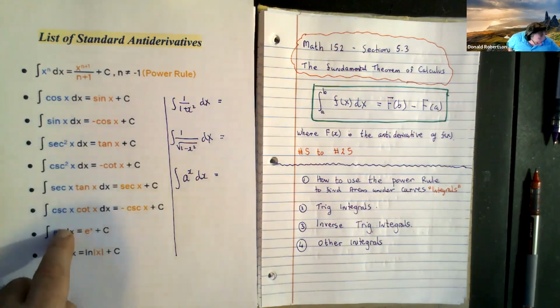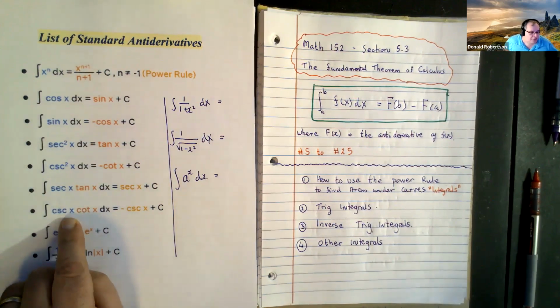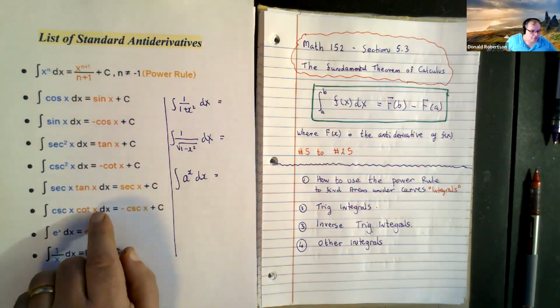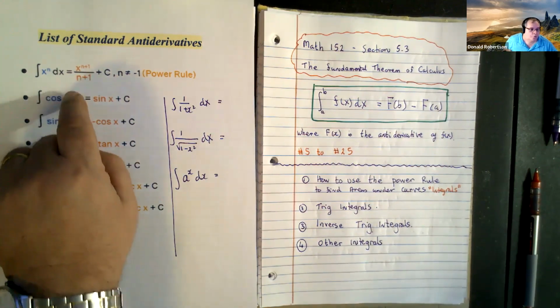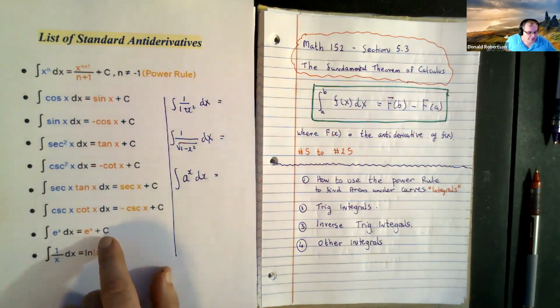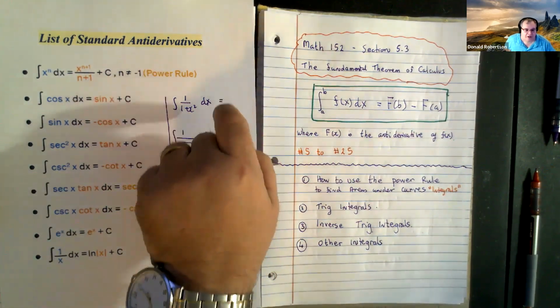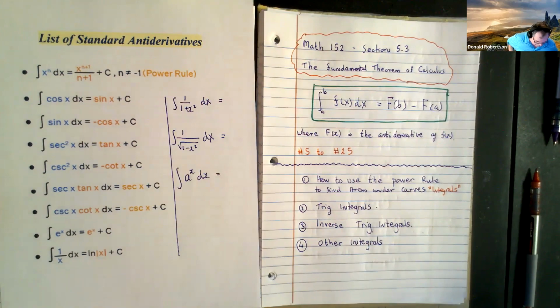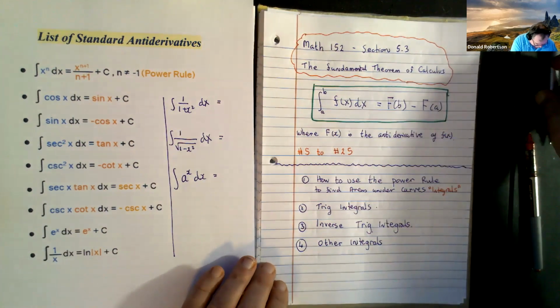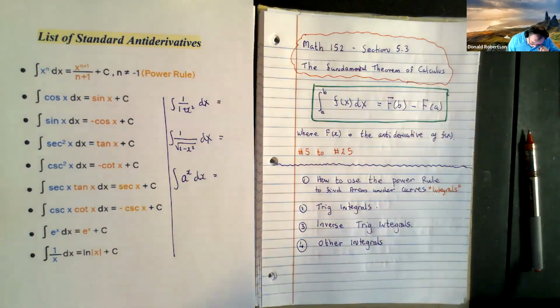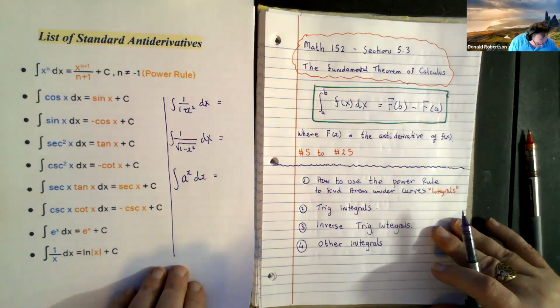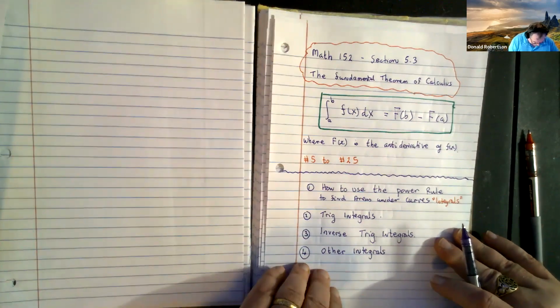This bunch here are essentially antiderivatives of various cosine, sine, trig functions. There's our e to the x, there's our 1 over x. It doesn't have all of them. There are a few over here that I'll add to the list as we discover other functions that we need to find the antiderivatives of.